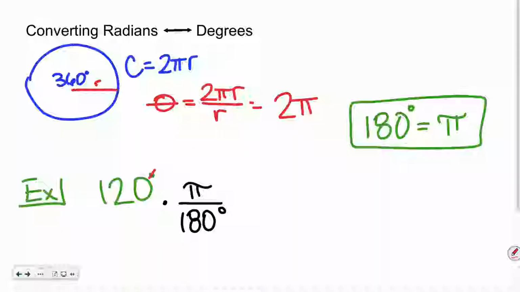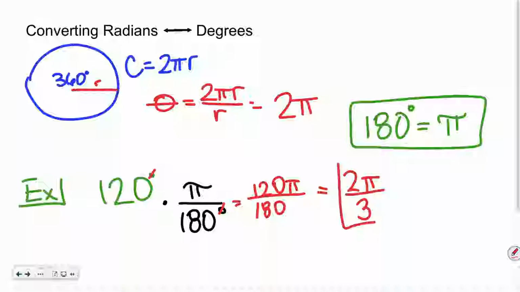So our degree cancels out. And now technically we have 120 pi over 180. I don't really like that, do you? No, I would expect you to reduce that down to 2 pi over 3.